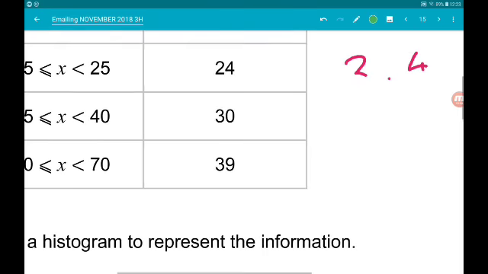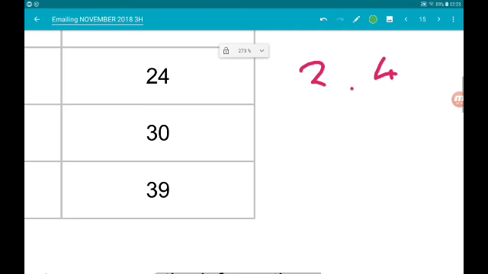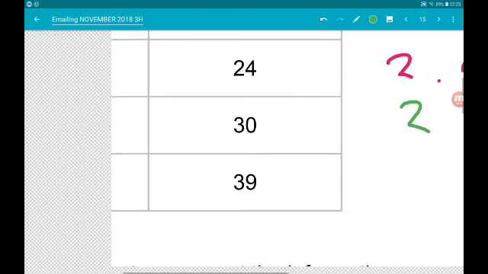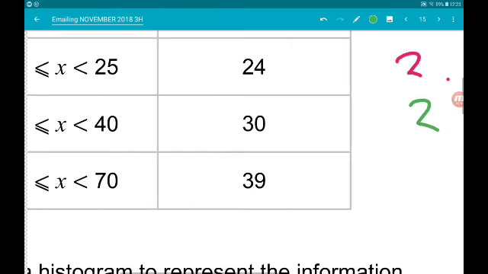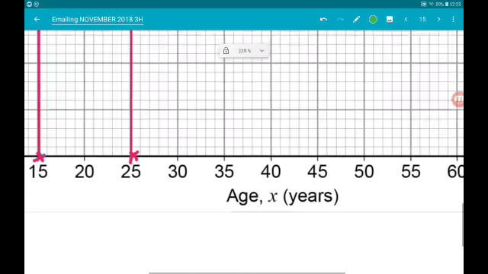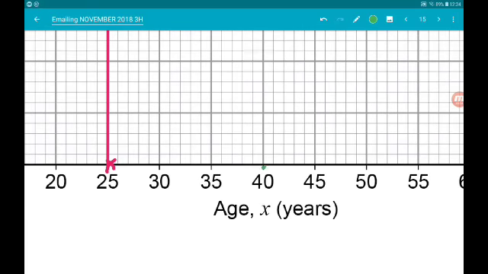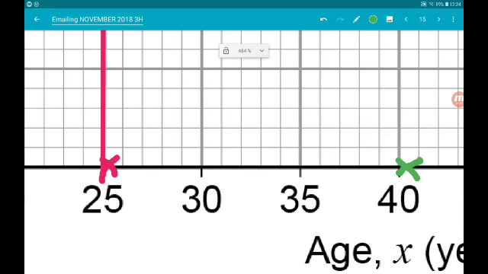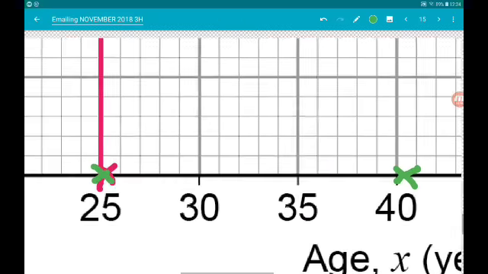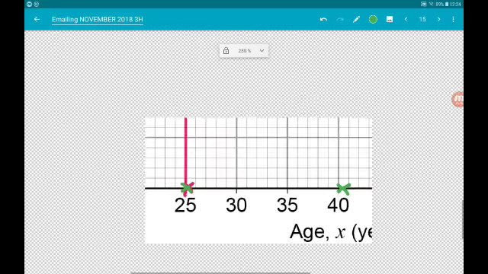We have an interval of 15 and frequency of 30, so our frequency density is 2. So this is between 25 and 40. So that's 40, there's 25, and we want a frequency density of 2. So that's there. Cool.